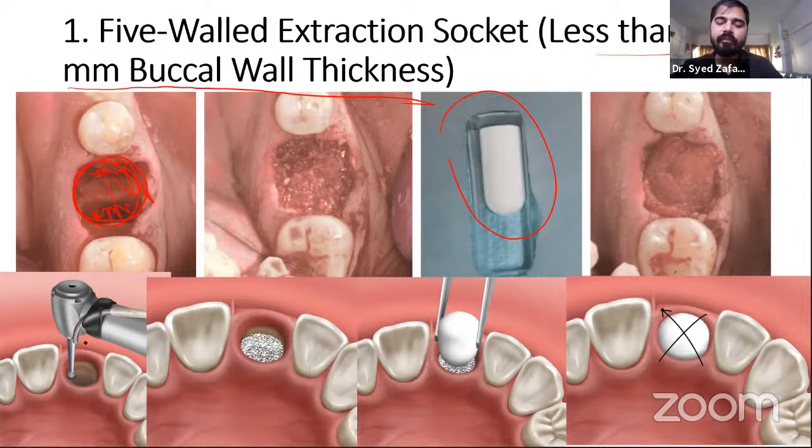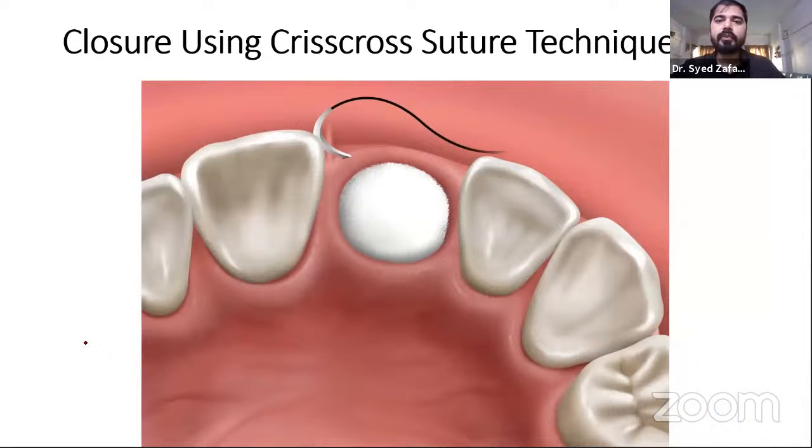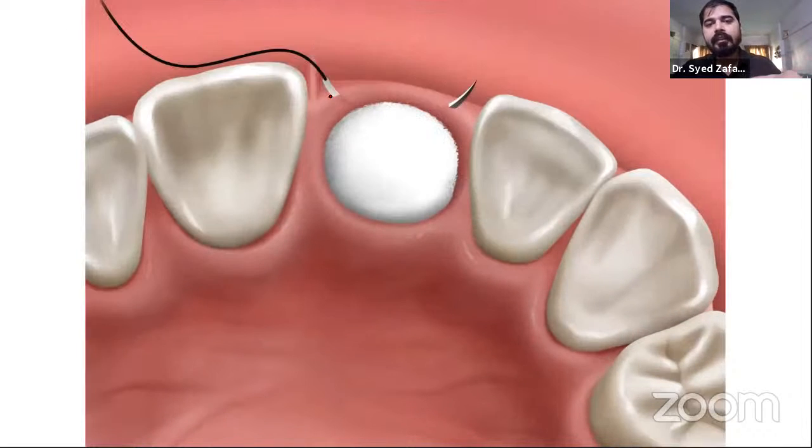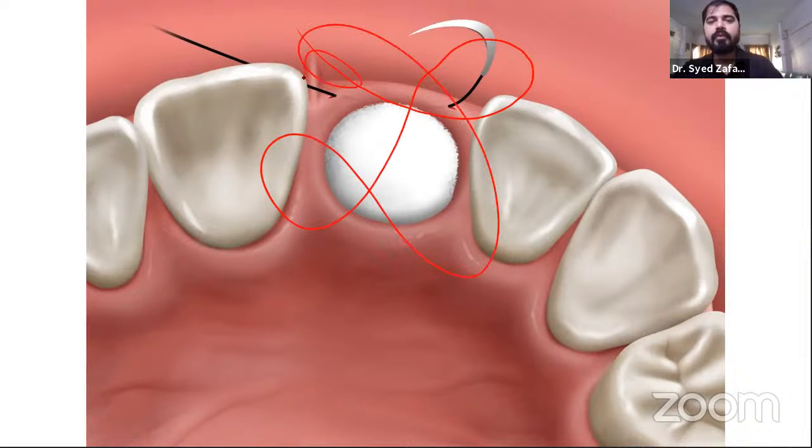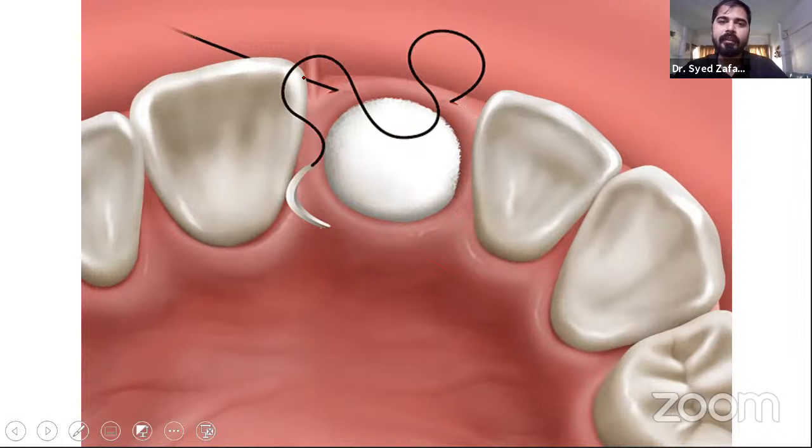Which kind of suture will we do? Crisscross suture technique. First, we will go from the mesial side, then we will insert in the distal side. Then we will again come into the mesial and distal. Then we will suture it like this.